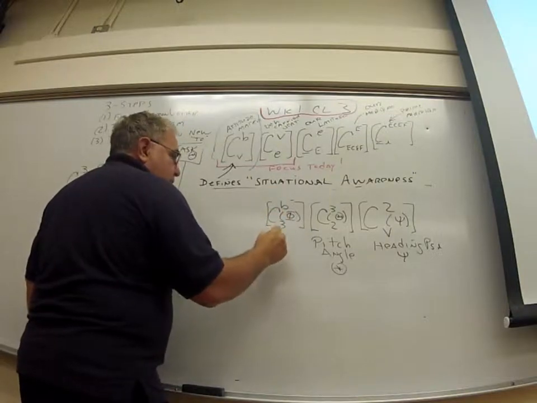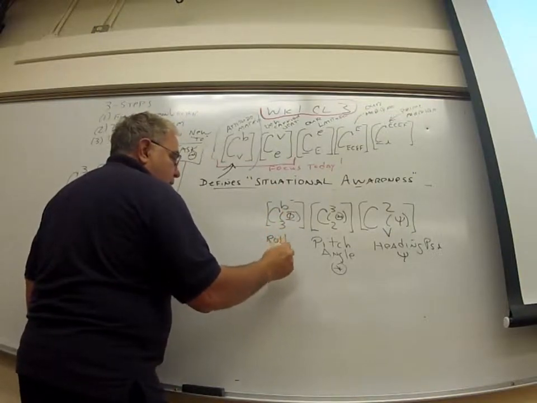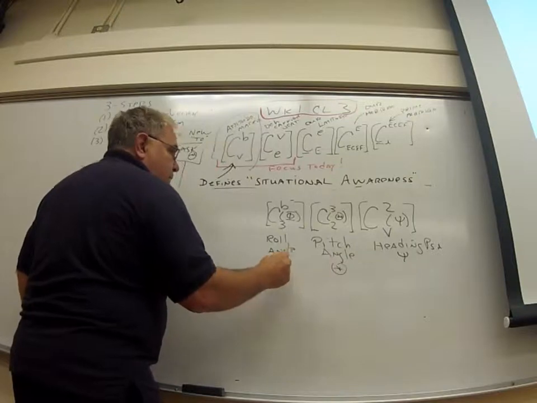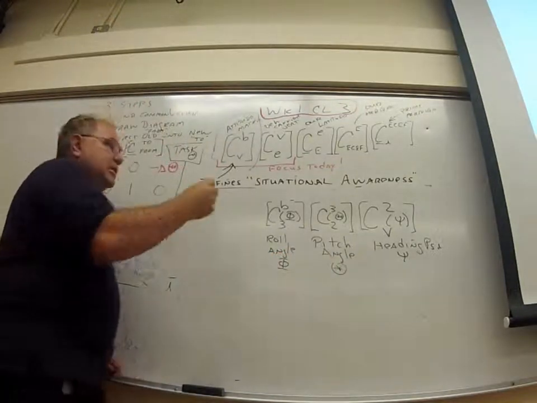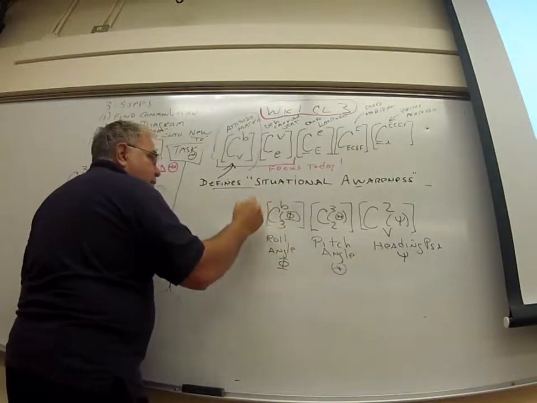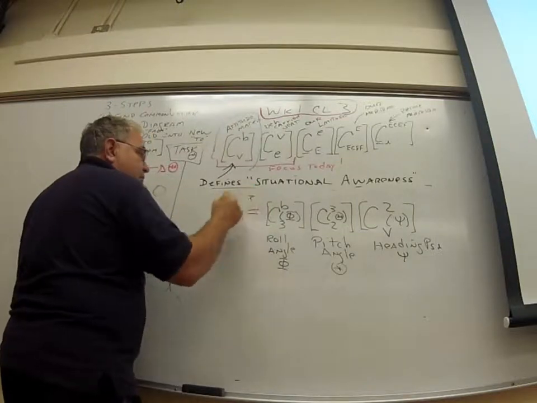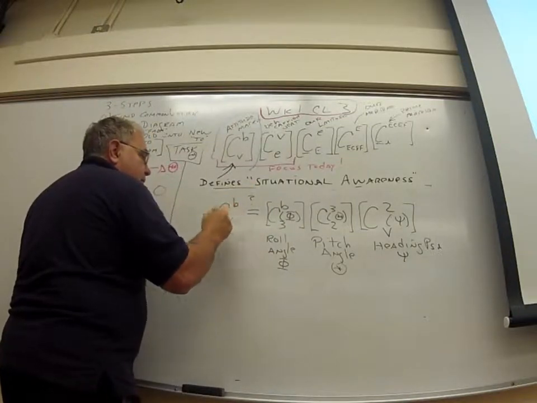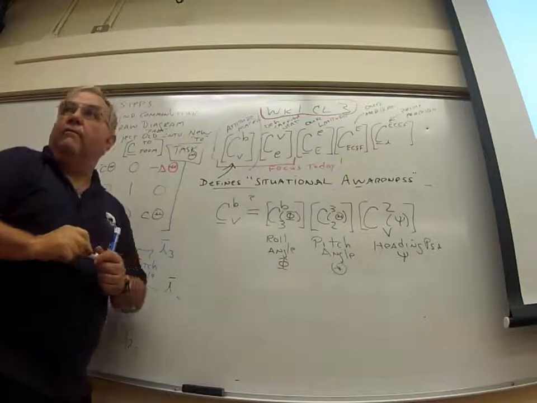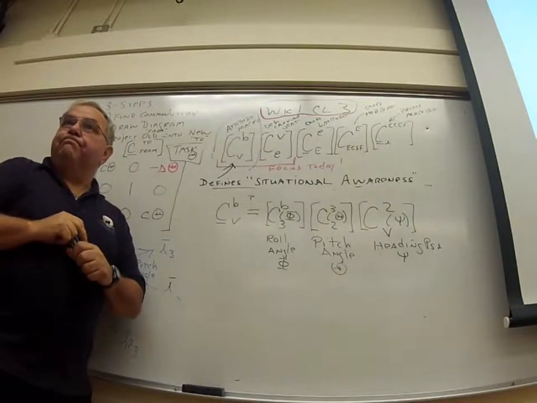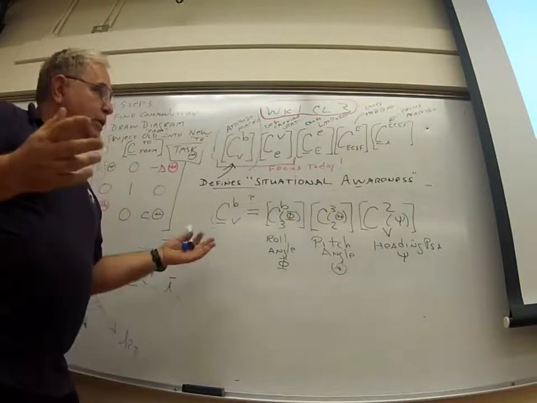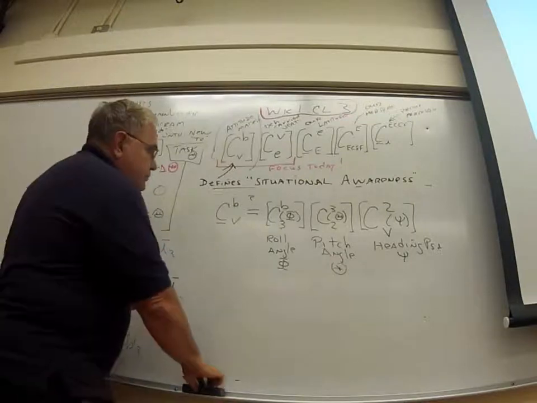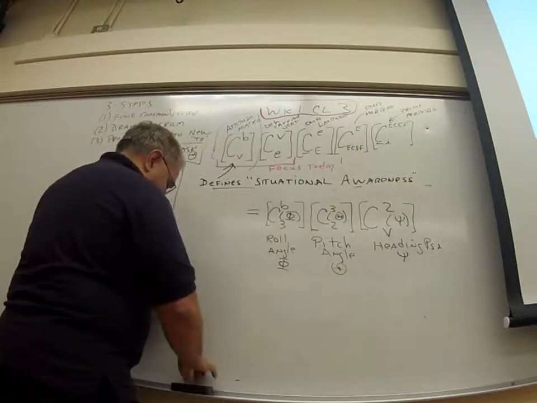And this is going to be roll angle phi. Does this product equal Cv2b? Absolutely. It does. Because if you were to take an arbitrary vector, let me move this over a little bit.